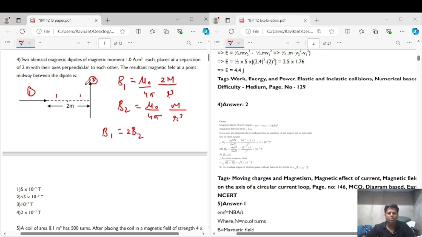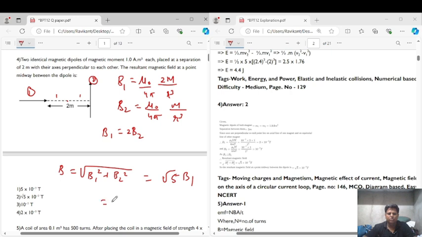Now at this point, both the magnetic fields will be perpendicular to each other. So the resultant magnetic field B will be equal to under root of B1 square plus B2 square. So this would result in under root 5 times B1.